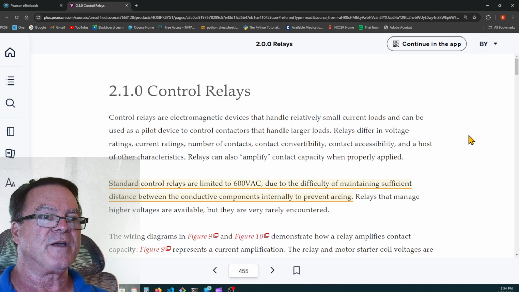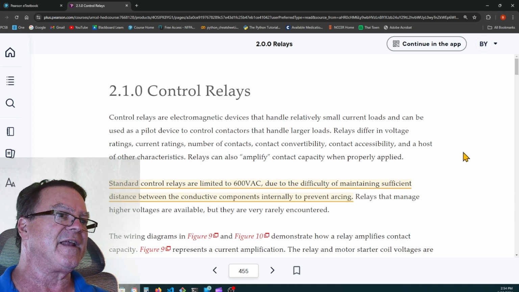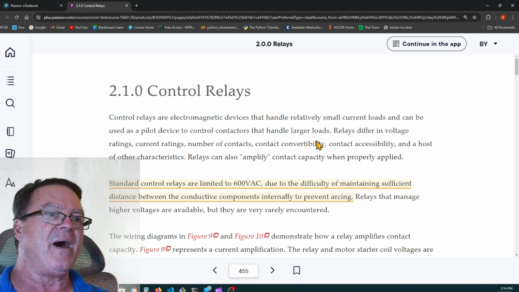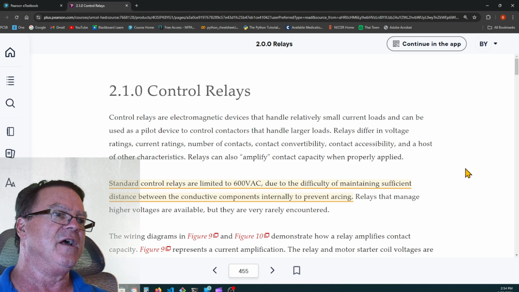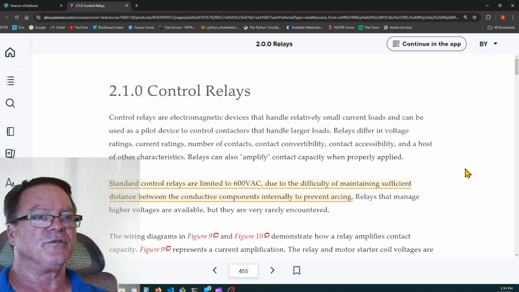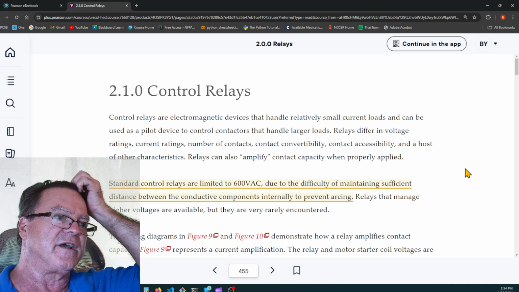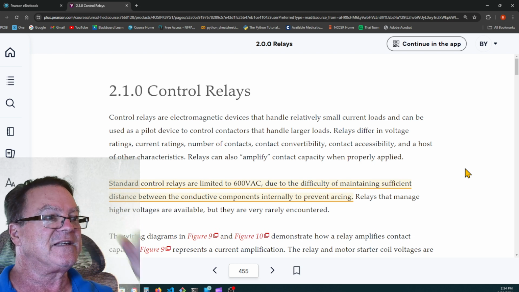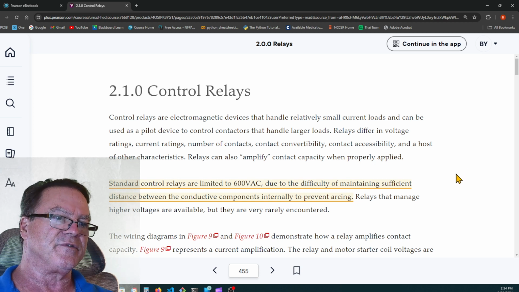Control relays. Control relays are electromagnetic devices that handle relatively small current loads. They can be used as a pilot device to control contactors that handle much larger loads. Relays differ in voltage rating, current rating, number of contacts, contact convertibility, contact accessibility, and a host of other characteristics.